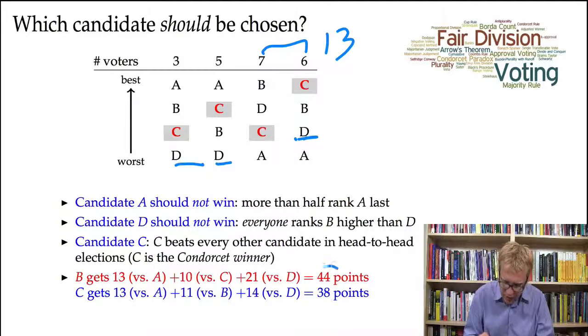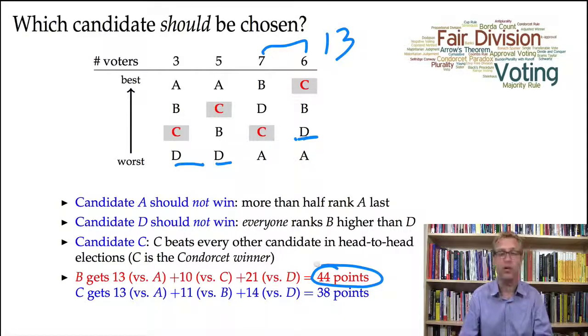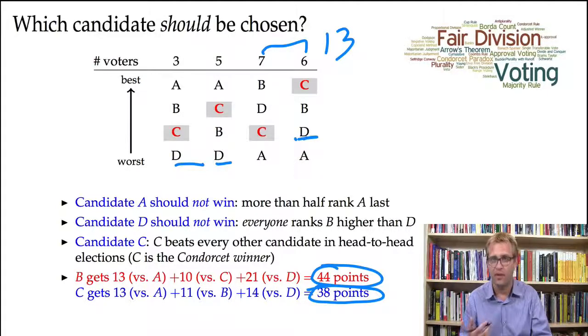So the total is 34 points of support for Bob and 38 points of support for Charles. Of course, we need to calculate how many points Ann and Dora each receive. But it should be fairly clear that Ann and Dora will definitely receive fewer points than either Bob or Charles. So Bob has overall the most support and so should be declared the winner.